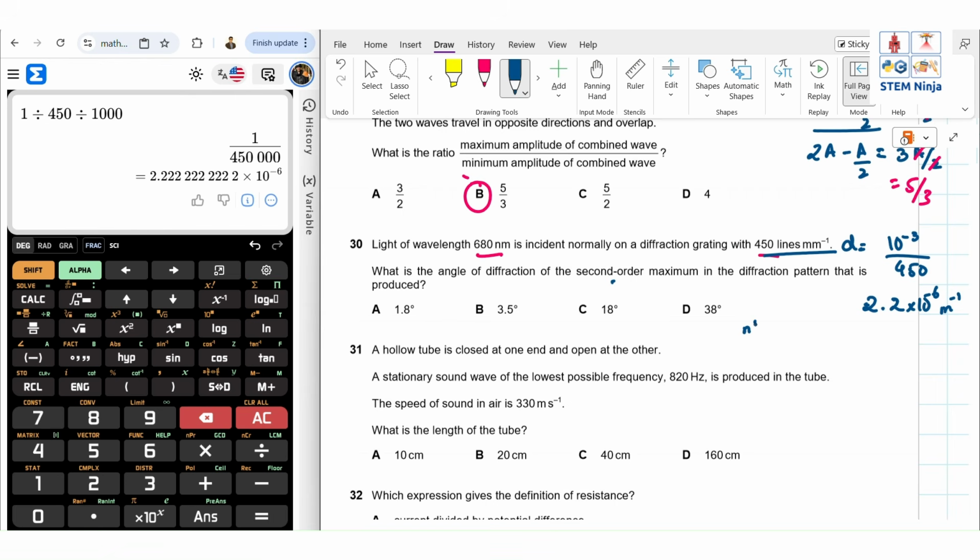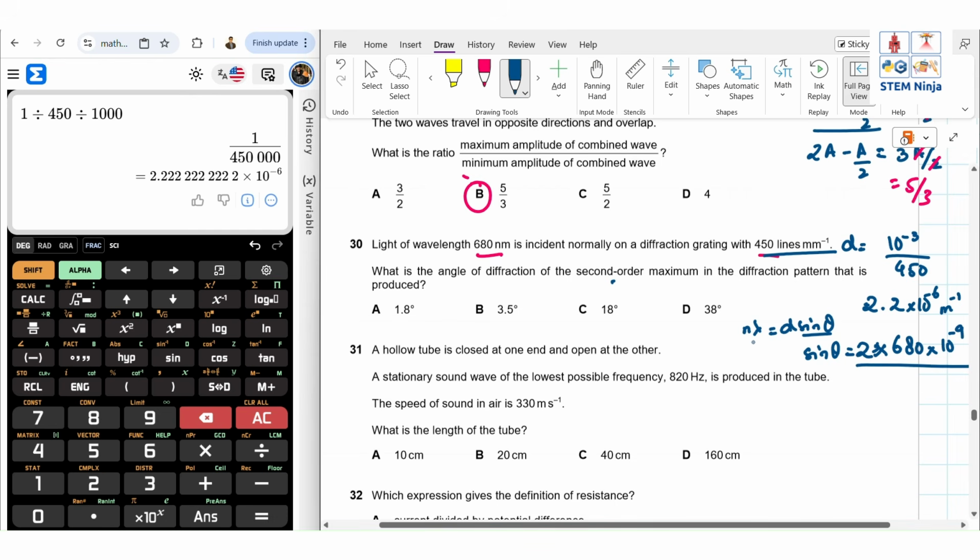Now, we have n lambda equals d sine theta. So sine theta would be n lambda over d. We need second order. Wavelength is given to us as 680 times 10 raised to the power minus 9, divided by d, which is 2.2 times 10 raised to the power minus 6.